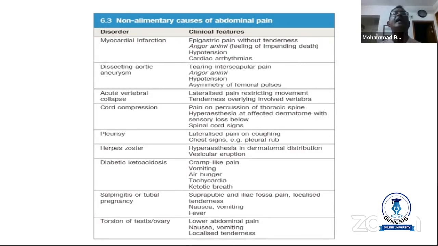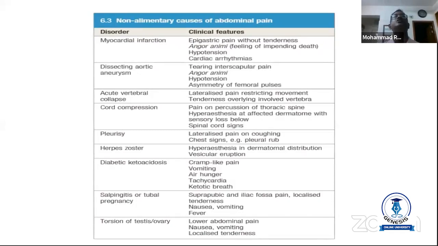So any patient coming with abdominal pain, I am telling you repeatedly, don't forget to check pulse, BP, and bilateral femoral pulse. Please don't forget. Acute vertebral collapse and cord compression can also occur with acute abdominal pain. Pleurisy and bilateral lower lobe pneumonia can come with these sorts of problems.